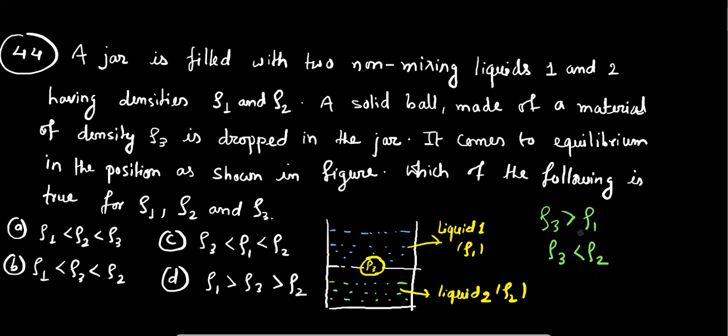On combining these two conditions, the density of the object is less than rho 2 but greater than rho 1. So we have to find this kind of order, and this is given in option B. So that was question number 44.